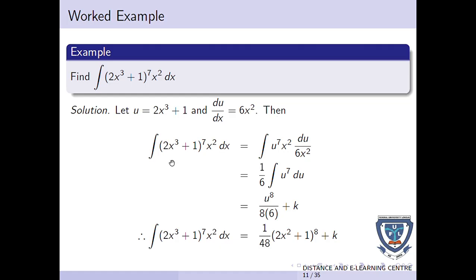Then the integral of (2x cubed plus 1) raised to the power 7 times x squared dx will finally be rewritten as the integral of u raised to the power 7 times x squared, then du over 6x squared. Now we factor the 1 over 6 outside and you're going to have 1 over 6 integral of u raised to the power 7 du, because x squared will cancel x squared and this is what will now remain.